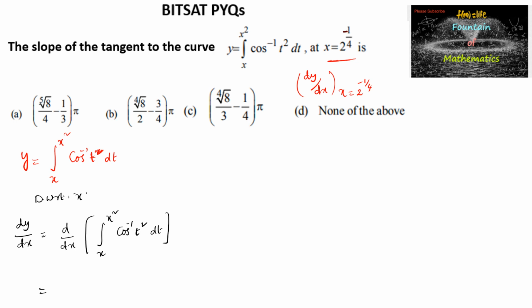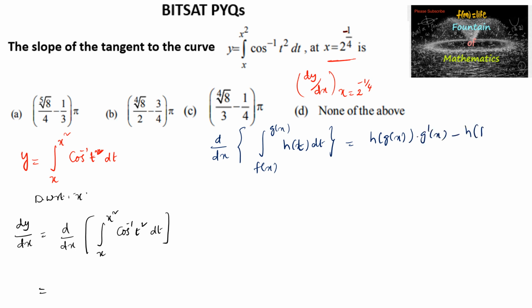We know that by Leibniz rule, d by dx of the integral from f of x to g of x of h of t dt is equal to h of g of x into g dash of x minus h of f of x into f dash of x. So let us apply here.